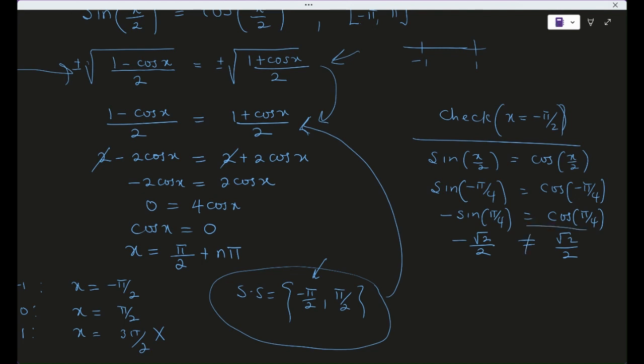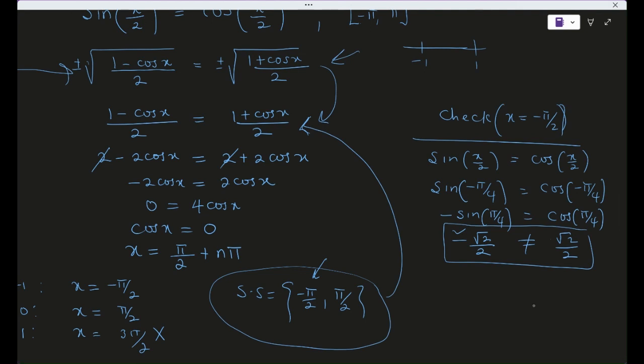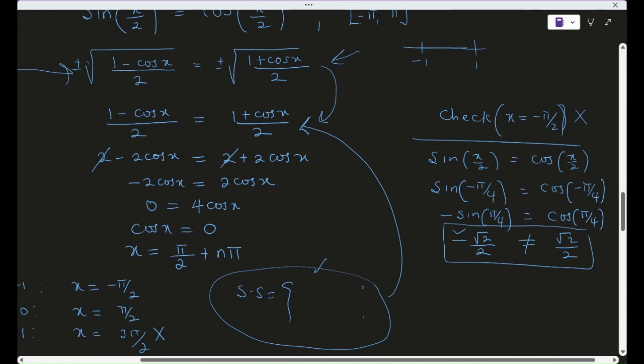So you can see that these two of them are not equal, because on the left hand side you have negative, on the right hand side you have positive. So this is not a solution. So minus pi over 2 is an extraneous solution, so we need to reject it, right? So we still have only pi over 2 inside here.